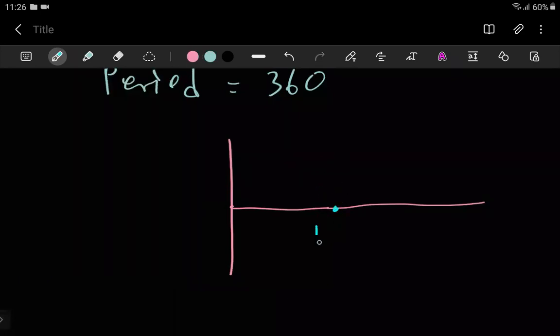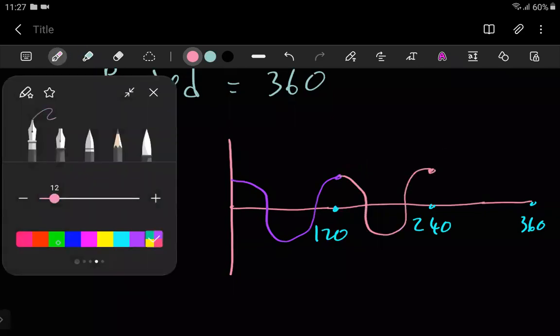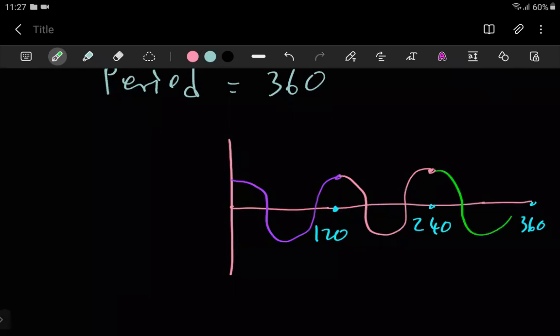Somewhere here is 120, another 120 degrees is at 240, and then another 120 degrees would be at 360. So if you have 3 graphs in a space of 360, you would have a full graph here, it ends, another one starts, it ends, and then lastly, another one starts, and then it ends.